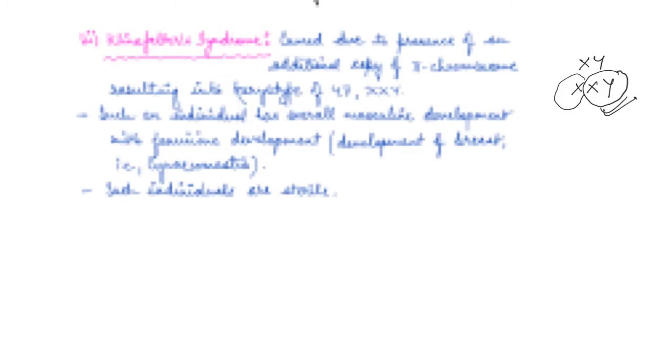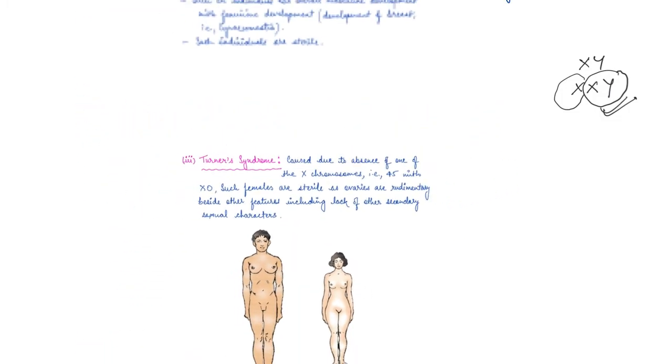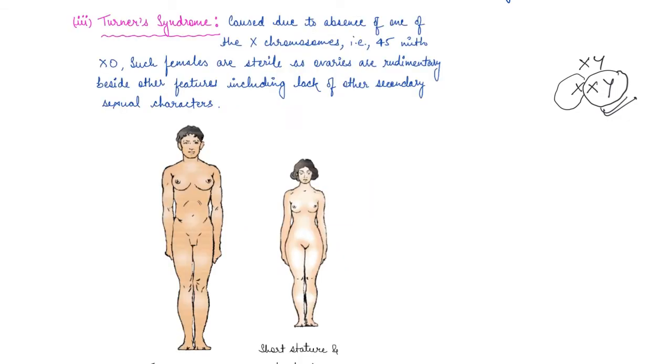In the same way, you have Turner syndrome. In Turner syndrome, there is an absence of an X chromosome. Now, this happens in the case of females. So instead of 46 chromosomes, you have 45.